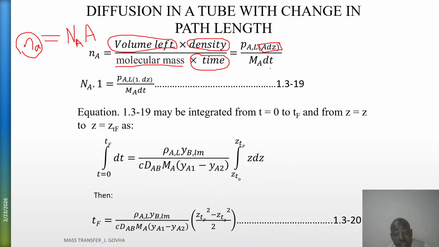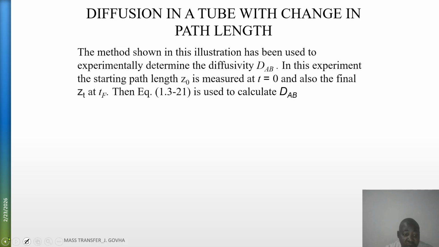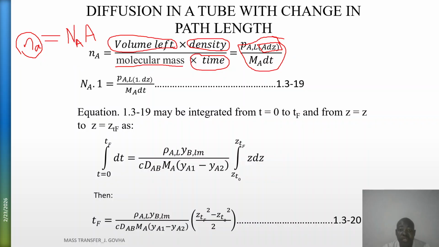So this equation is giving us the number of moles that are leaving per time, and that is exactly equal to NA, which is capital NA times A. Remembering that we assumed a surface area of 1, then NA times 1 is equal to rho 1 dz over MA dt.